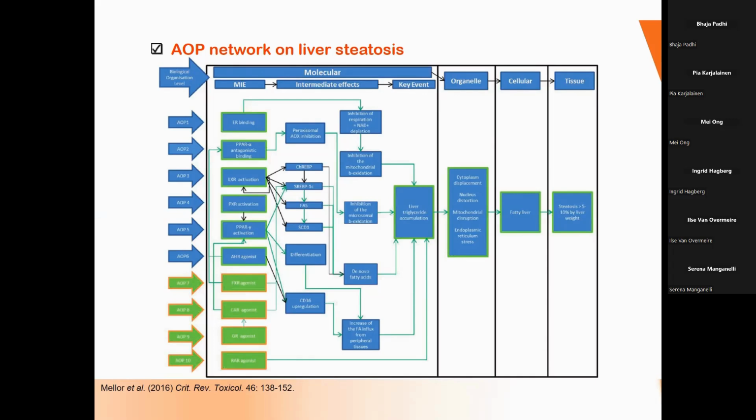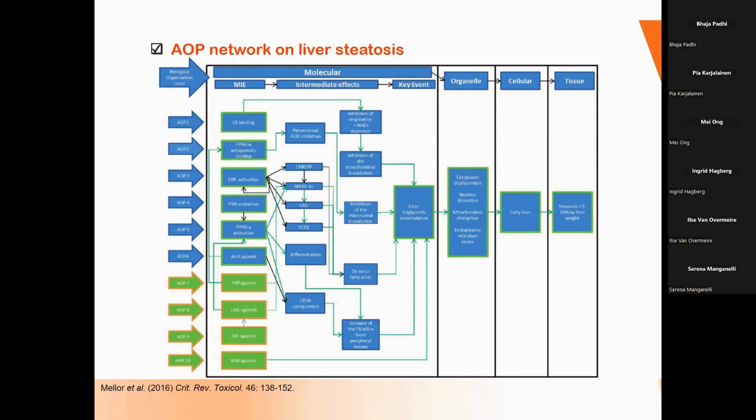So what happens then is quite some transcriptional changes that relate to lipid metabolism. And the next step would be de novo fatty acid synthesis that goes hand in hand also with the increase of fatty acid influx from peripheral tissues. What happens next is a very important event, of course, a key event. That would be the accumulation of triglycerides in the hepatocytes, which you can observe microscopically.